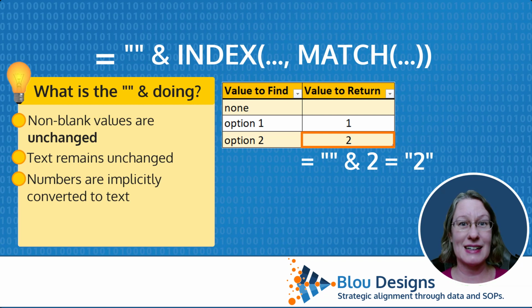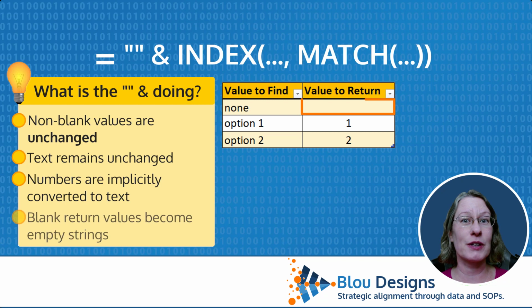Even though you can't see it, Excel knows that there's an empty string there, so it treats the number 2 like text so it can concatenate them. But the cell would still contain nothing but that digit 2. There are no extra spaces and no changes to your data.